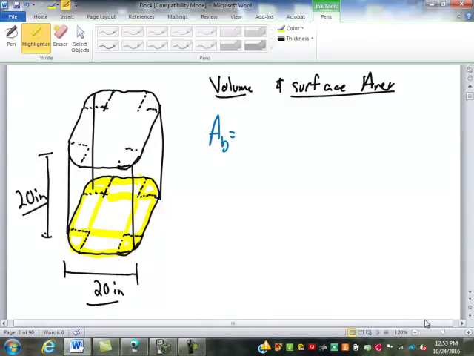So the area of the base, let's break that down. I'm going to do it this way. So this rectangle in the middle here, I should have probably given you more of that, shouldn't I? I screwed up.